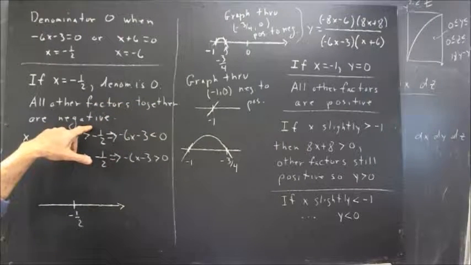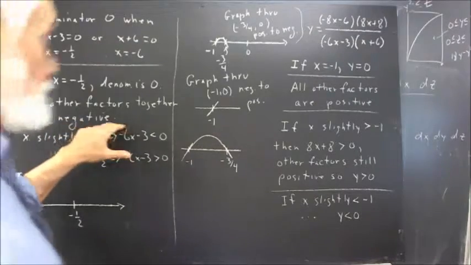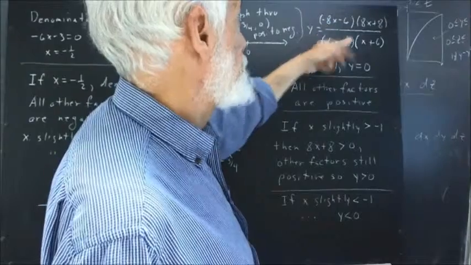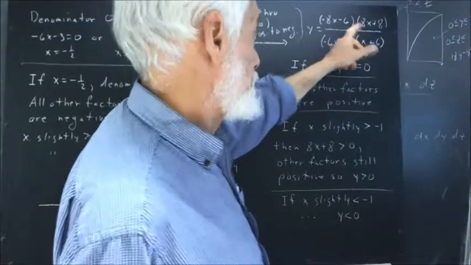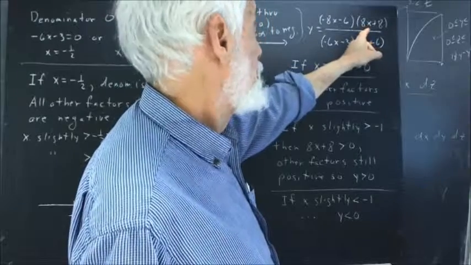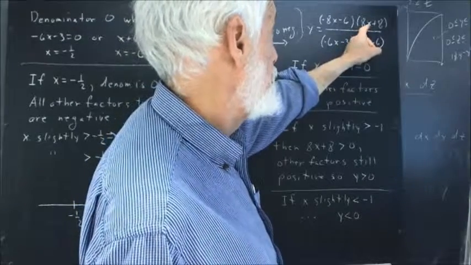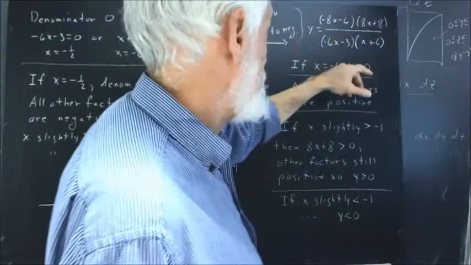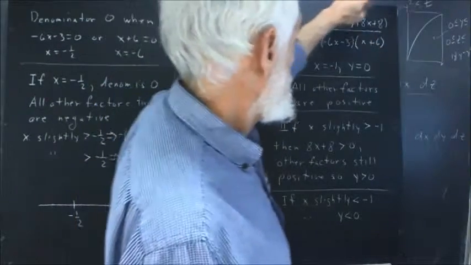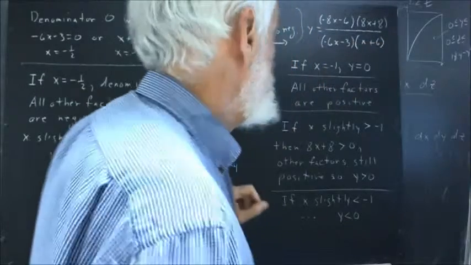The reason for that: if x is negative 1/2, then negative 8x is plus 4. Negative 6 is smaller, so this is negative. But this is going to be positive. Negative 1/2 of 8 is negative 4. Add 8, we get a positive. And negative 1/2 plus 6 is positive.